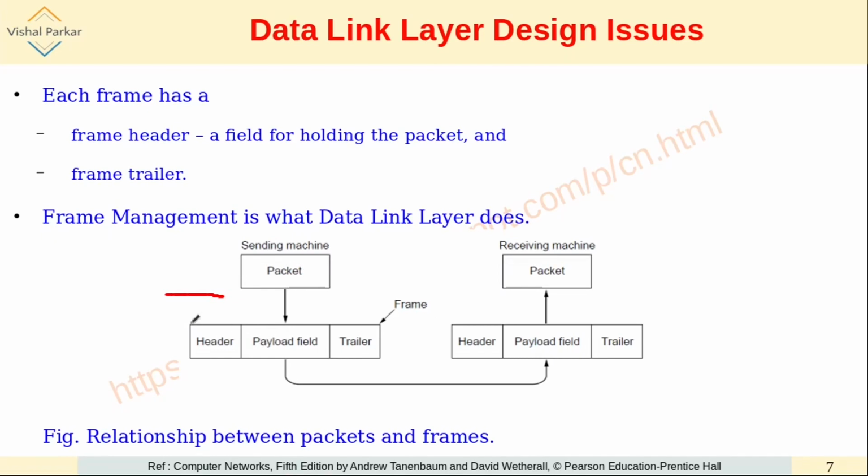So this whole thing is a frame, which consists of one header, the part which was sent by the network layer, which is called the payload field of the frame, which is nothing but the packet here, and ultimately it will also have some additional information which is called the trailer.